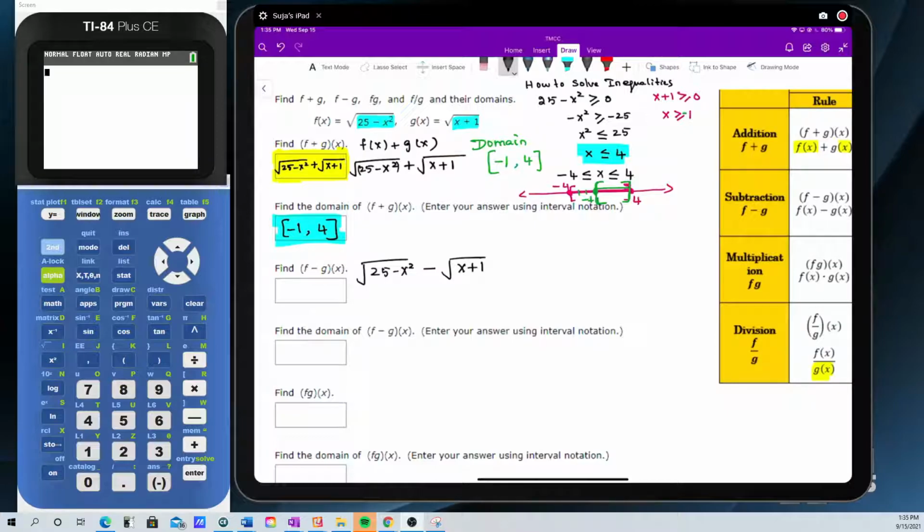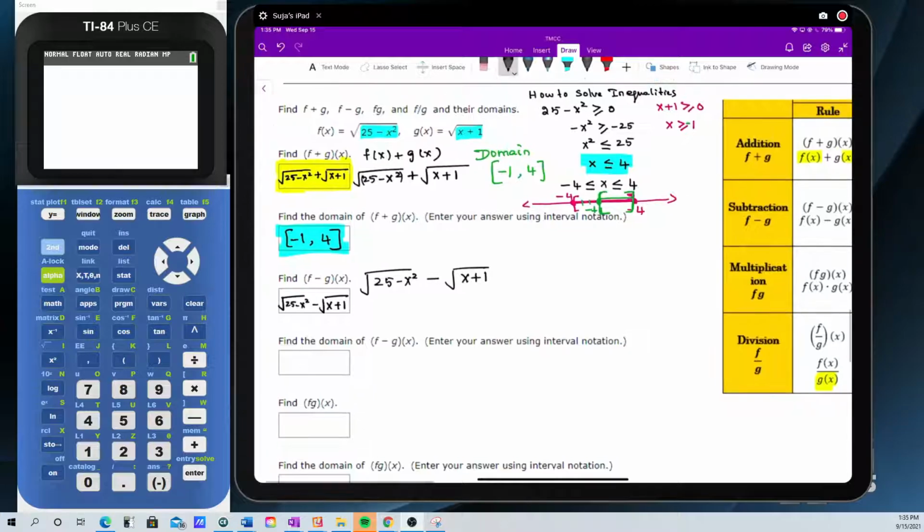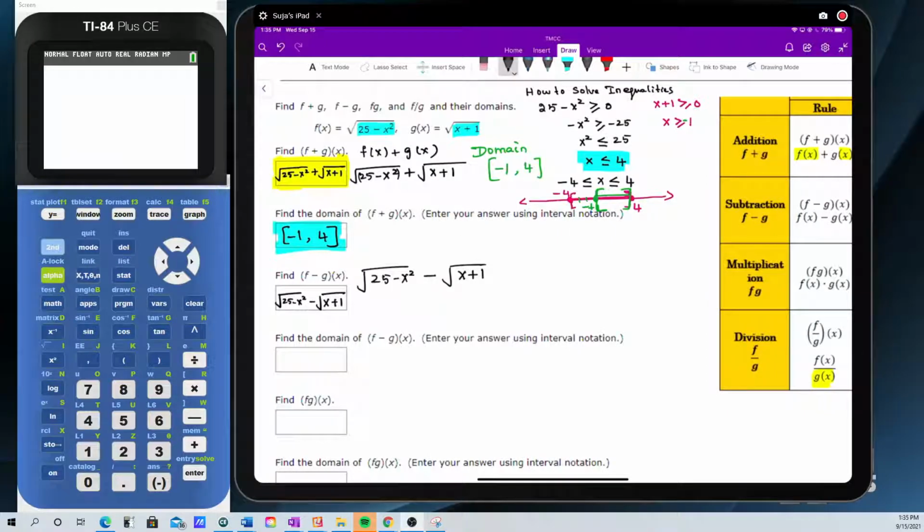I cannot do any simplification, so that's my final answer. The domain is going to be the same because it's the same thing, right? 25 minus x squared should be greater than or equal to 0, and x plus 1 should be greater than or equal to 0. In both cases, I'm going to get the same one, so the domain for the second part is also going to be the same.